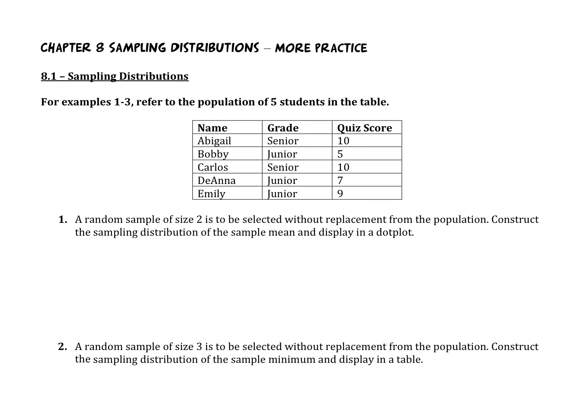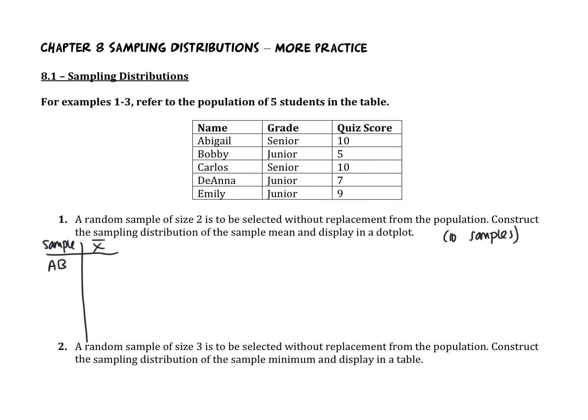We are going to look at every single possible sample of size 2. And in that sample, we need to calculate X bar. I will tell you that there are 10 of those samples. So one such sample would be if I chose Abigail and Bobby.